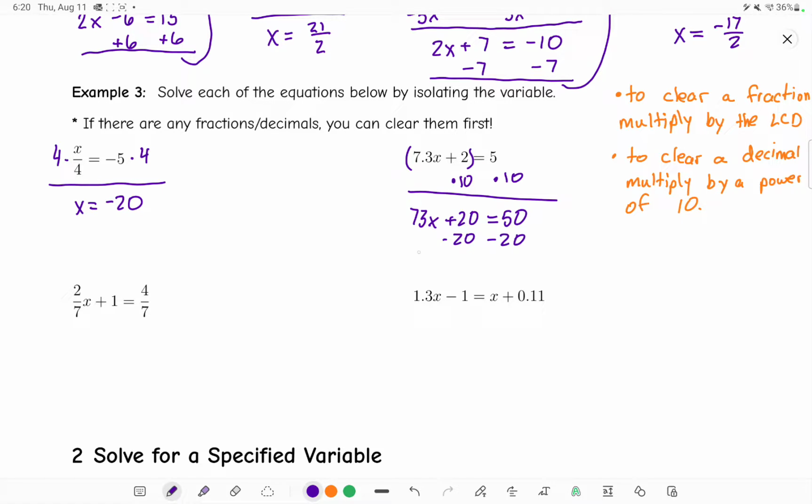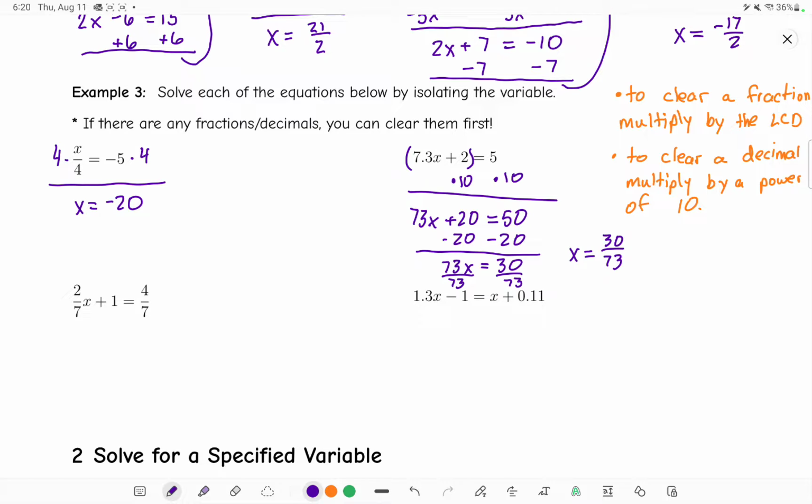Subtract 20. 73x equals 30. Divide by 73. X equals 30 over 73. And that can't be reduced.